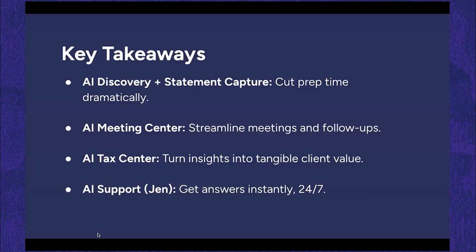So, just a few key takeaways here: AI discovery and statement capture help you cut that prep time down pretty dramatically, allowing you to get more time on the back end. AI Meeting Center, streamlining your meetings and follow-up, scaling your meetings even more. AI Tax Center, turning those insights into tangible client value. And then we saw Jen, our AI support tool, to get those answers instantly. So just wanted to have a few takeaways there.